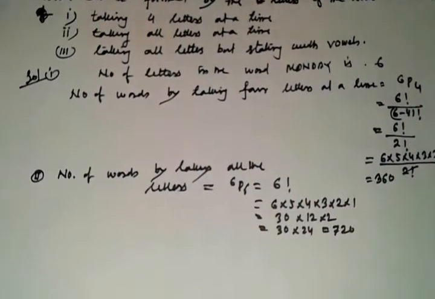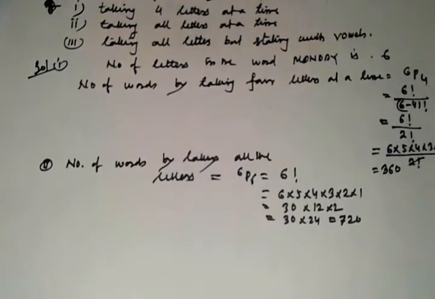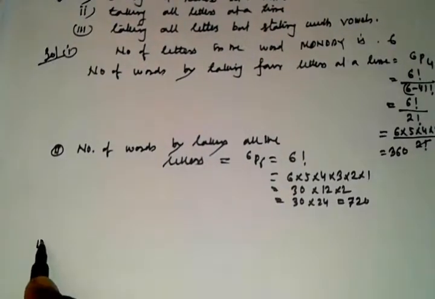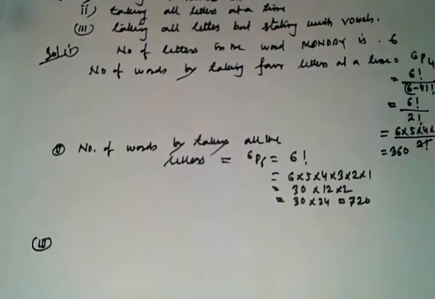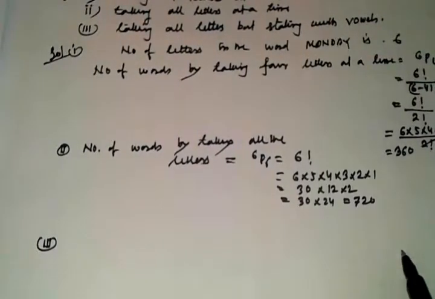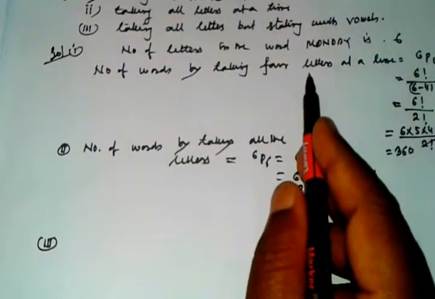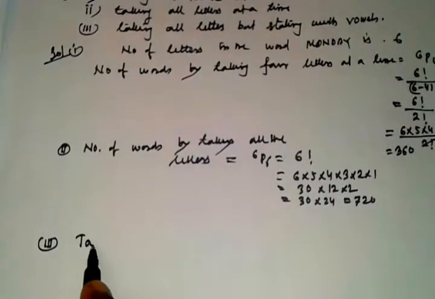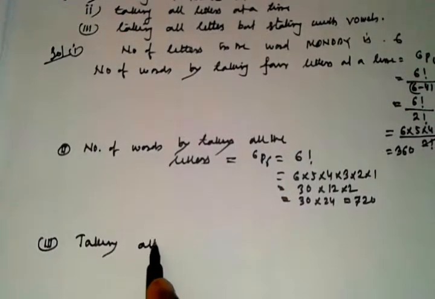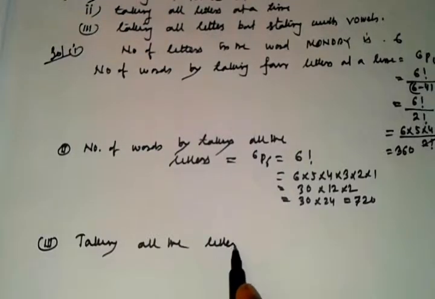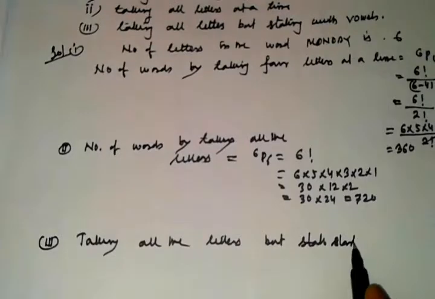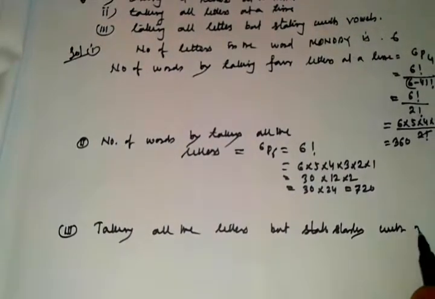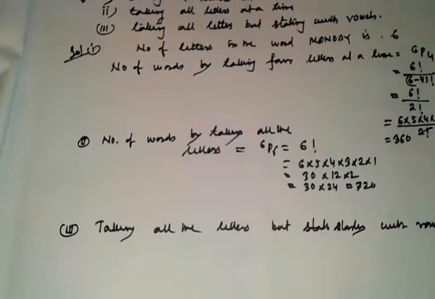Taking all letters but starting with a vowel. Number of words taking all the letters but starting with a vowel. So the first place can be filled in 1, that is taking all the letters but starting with vowels.